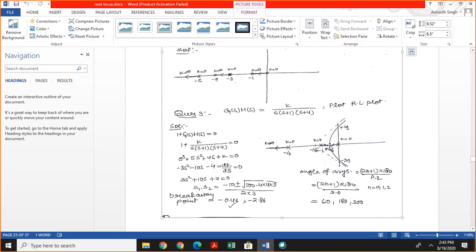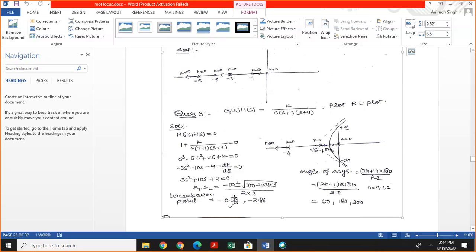But in this region the sum of poles and zeros is 1, which is odd, so the root locus lies in this region. There is no root locus in this region because to the right of it the sum of poles and zeros is even: 1 plus 1 is 2. And in this region the root locus lies because to the right of it the sum of poles and zeros is 3, which is odd.